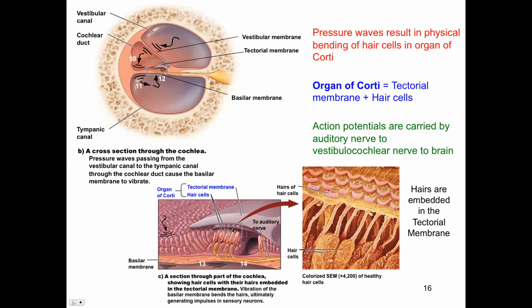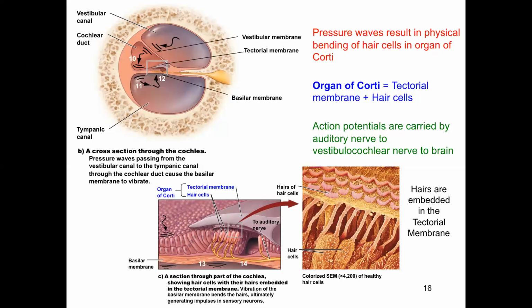As these hair cells are moving up and down on the basilar membrane, that is going to bend the hairs and send information to the brain. Where that happens will depend on whether that is a low-pitched or a high-pitched sound.